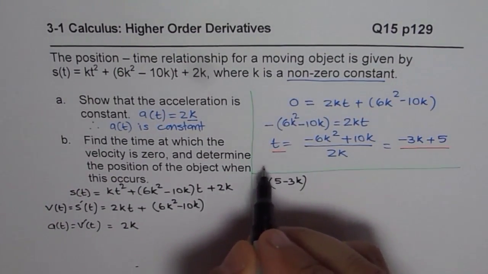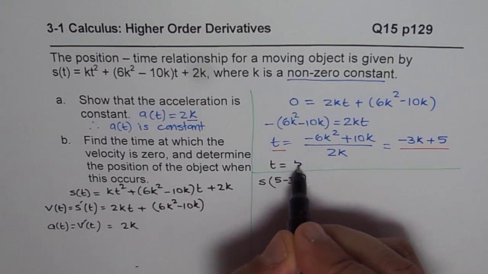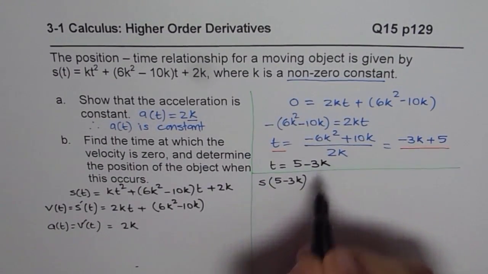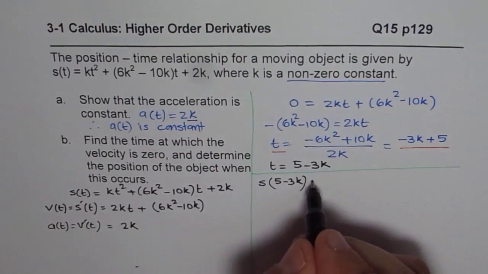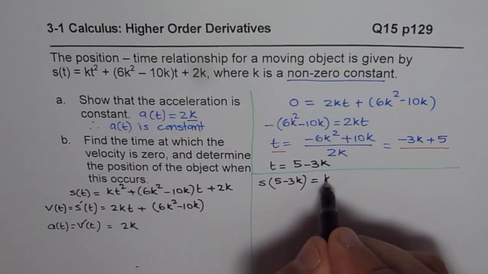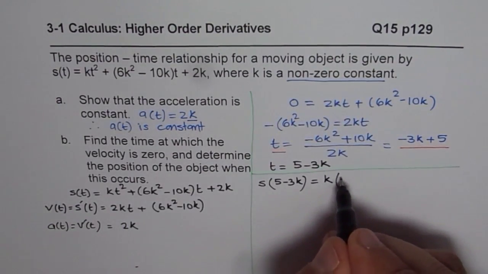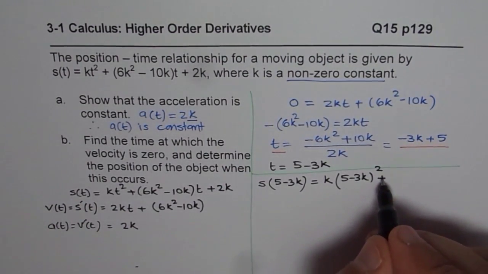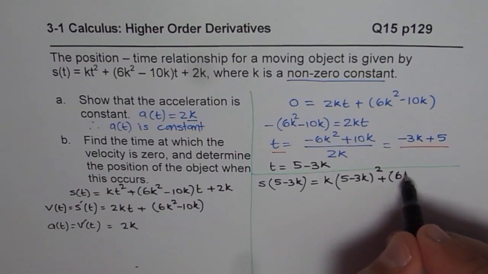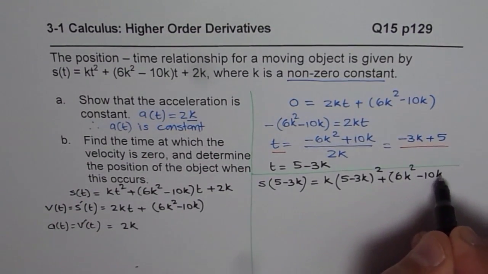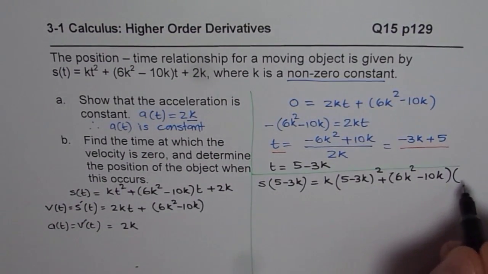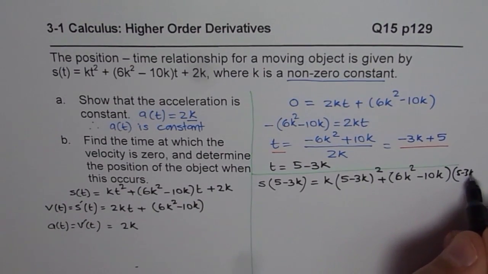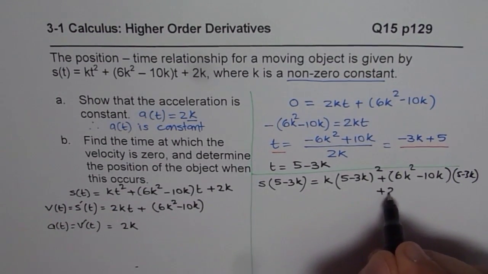So we can say t is equal to 5 minus 3k. That is equal to k times, time you have to replace with 5 minus 3k whole square, plus 6k square minus 10k times 5 minus 3k, plus 2k.